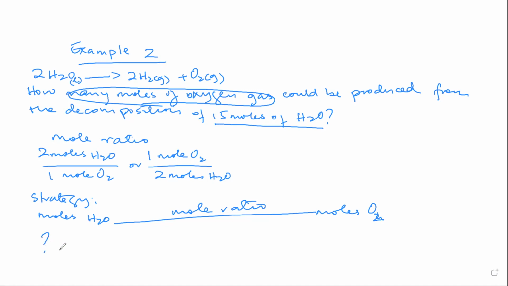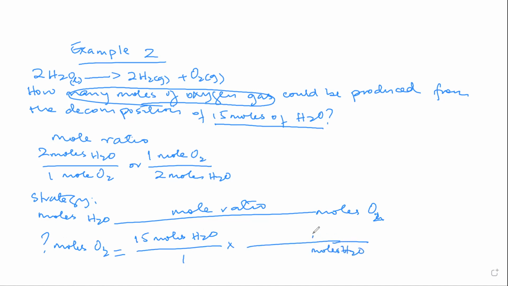So we solve. We want to find moles of oxygen. So 15 moles of water over 1, moles of water, moles of oxygen. So this is like a conversion factor.